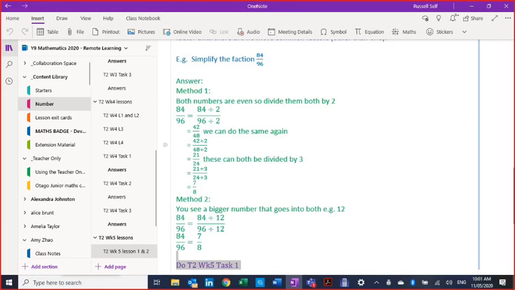You can divide by anything you want to as long as you continue to divide until it's all done. This shows you what happened if you just divide them both by 12 originally. You get to the number really quickly. But again, the whole point is to get the right answer, not the fast answer.